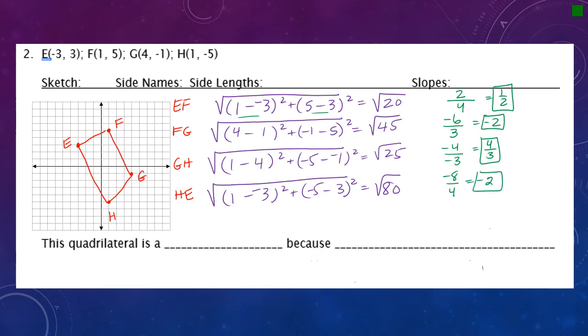So if you look here, I do have a pair of opposite sides that are parallel, and it actually comes out to be these two right here. So this is definitely a trapezoid. And the reason is because it has no equal sides, and we have 1 pair of parallel sides.